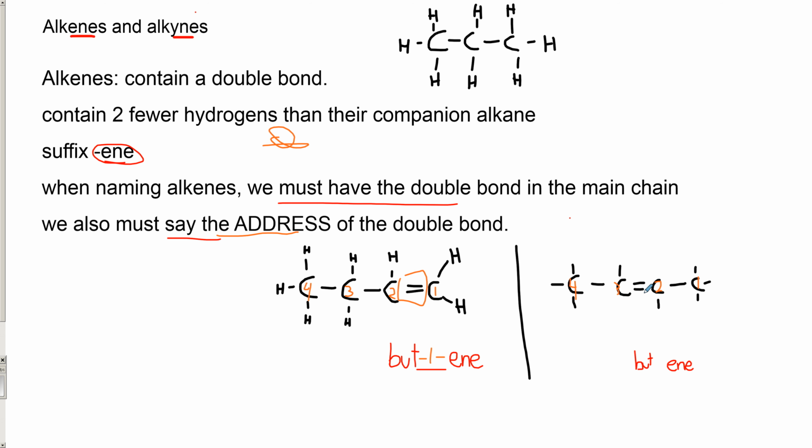And if I go from the other way, 1, 2, 3, 4, same deal. It's still carbon 2 that has the double bond on it. So that molecule is called bute 2-ene. You might be thinking, who cares? Honestly, what is the difference between this molecule and this molecule? All we did is move a double bond over from one carbon to the next.